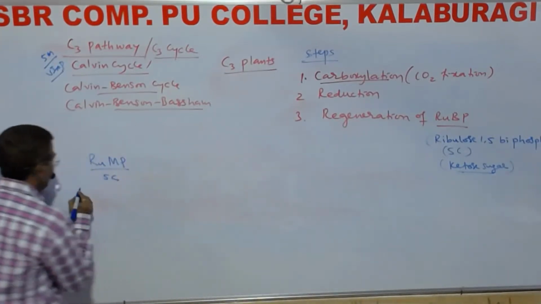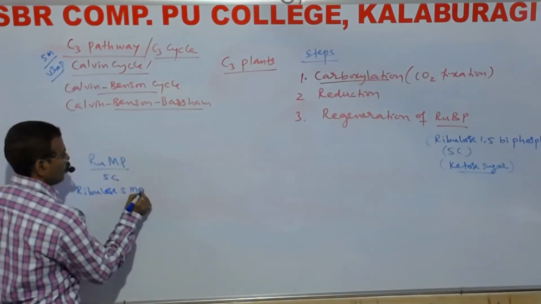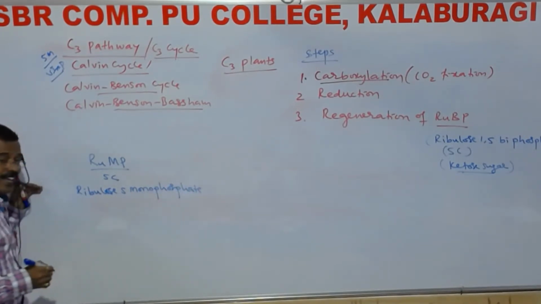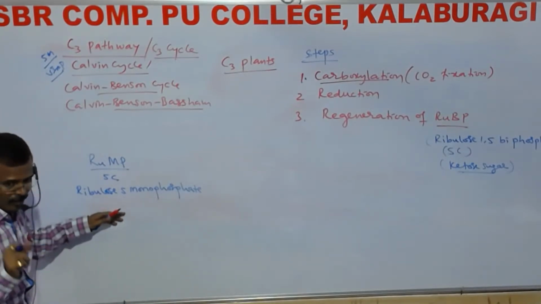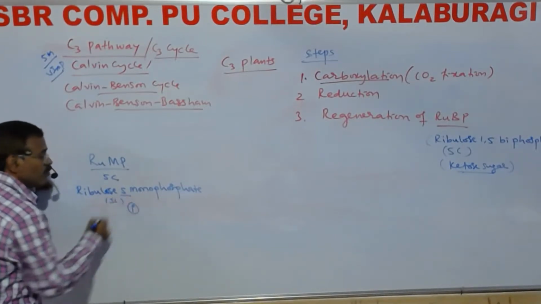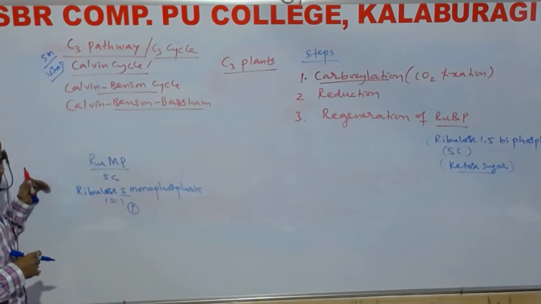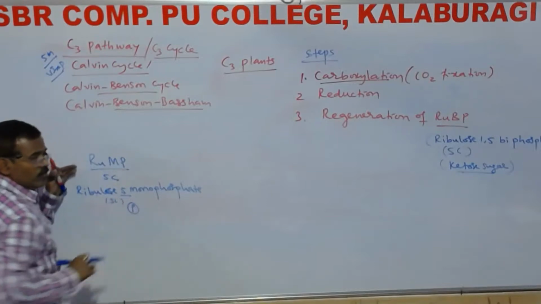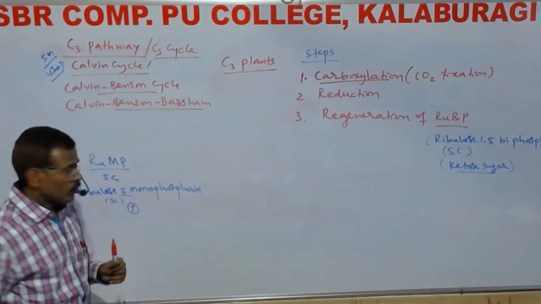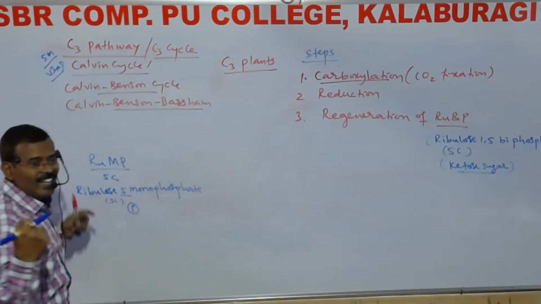So RuMP is ribulose 5-monophosphate. The phosphate group is attached to the 5th carbon. It is a 5-carbon compound. This phosphate group is attached to the 5th carbon, hence the name ribulose 5-monophosphate. This is converted into ribulose 1,5-bisphosphate. So the conversion of RuMP to RuBP requires energy.